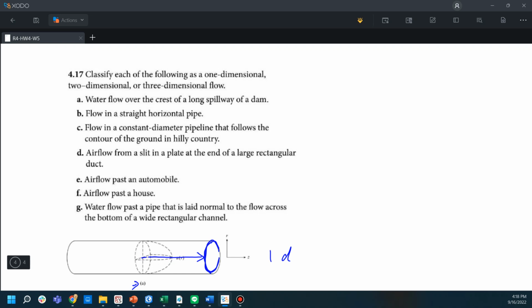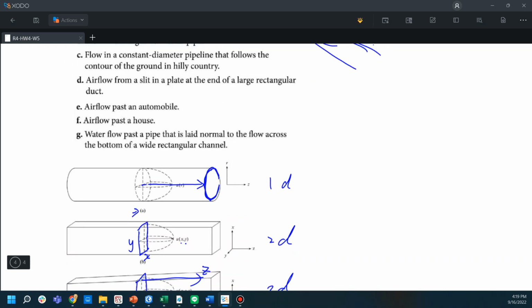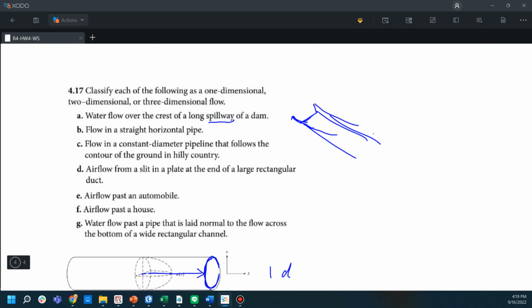So we know the spillway usually looks like a channel. I have a bad drawing, but I try to draw a channel like this one.